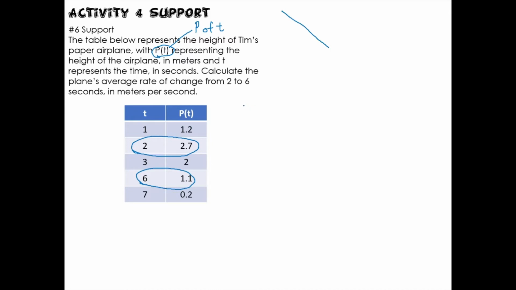We'll use our slope formula. If you remember our slope formula, it's y2 minus y1 over x2 minus x1. And here is our x1, y1, because why not, you came first, and x2, y2.